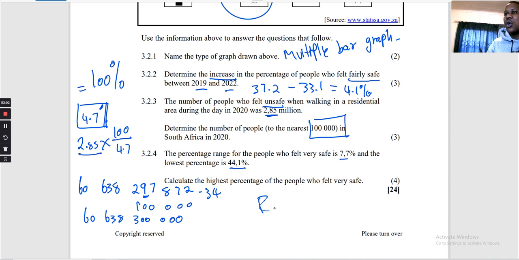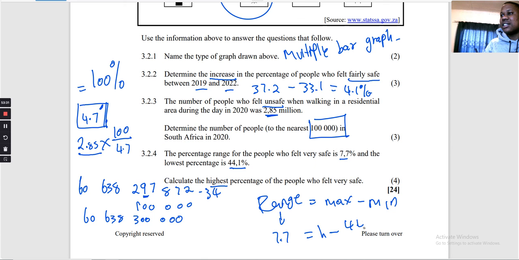So we know that the range is equal to the maximum minus the minimum, of which the maximum is the highest and the minimum is the lowest. Here we have the lowest and we have the range. We are given the range of 7.7, which is equal to the max, the highest. This is what we are looking for. So let's write the highest, H, minus the lowest. The lowest was given as 44.1.